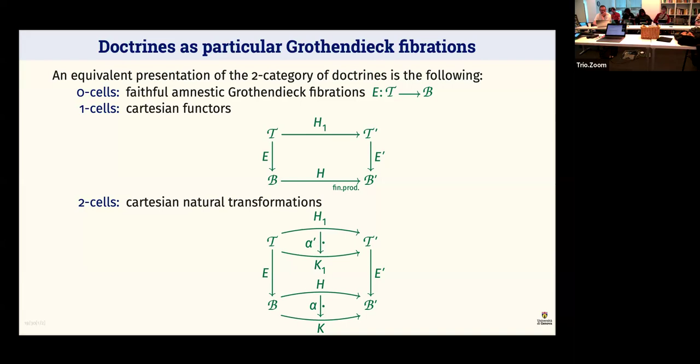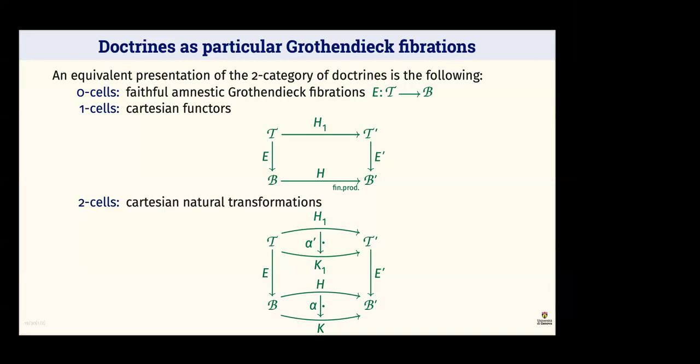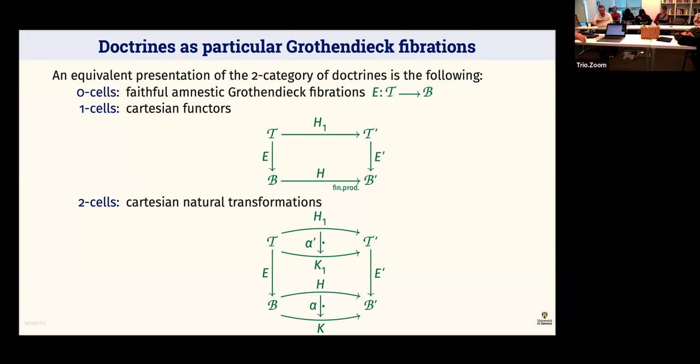And they've characterized the amnestic fibrations with respect to a symmetric monoidal structure on B and T, which essentially take care of dealing with tensor products of sorts in the base, but mainly in the fiber, take care of how, with respect to tensor product of sorts, you perform a multiplication in the sense of linear logic in the fibers.